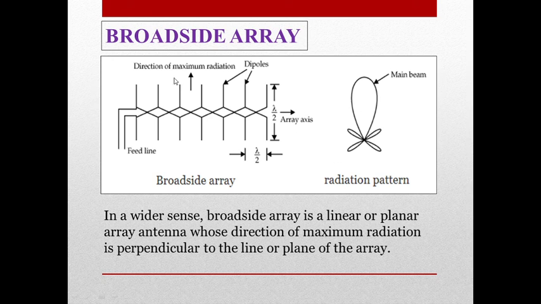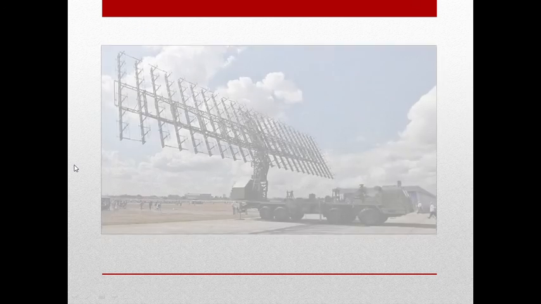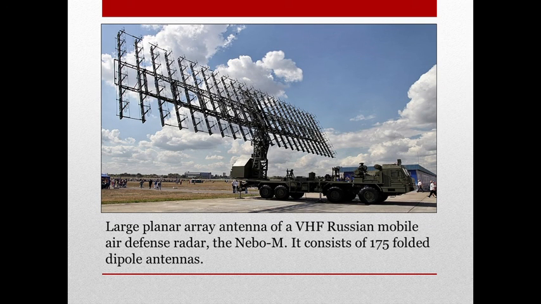Now, this is a diagram of a broadside antenna. Since it is an array, it consists of multiple dipoles connected together, and as you can see, they are spaced equally. And this will be the feed line. Now this is an example of an array, a large planar array.